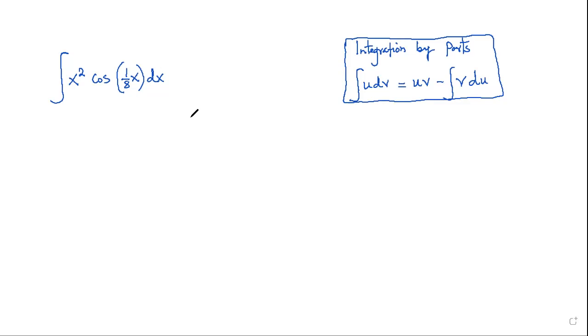In most cases, we select u to be something that vanishes when you find its derivative. So our u is equal to x squared and our dv is equal to cosine of 1/8 x dx.